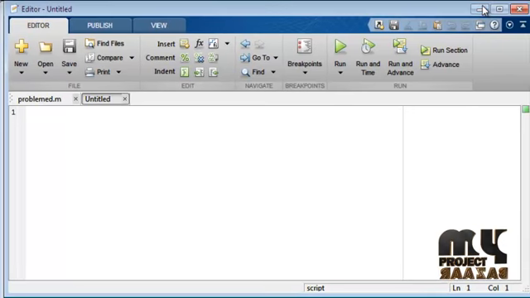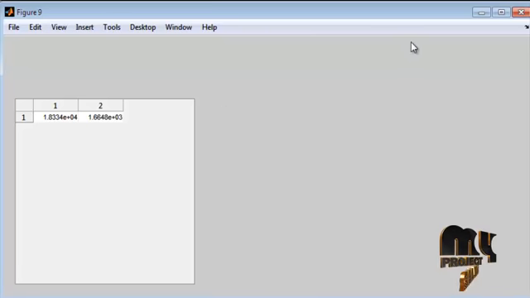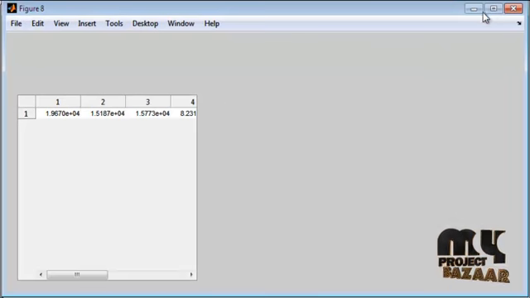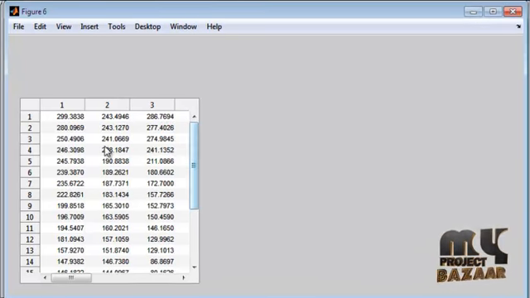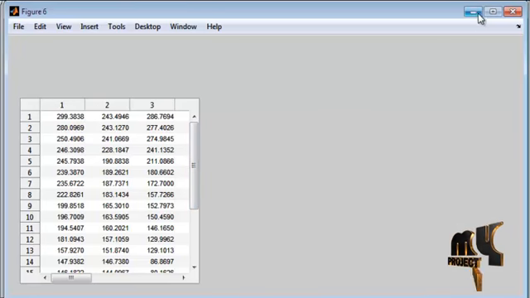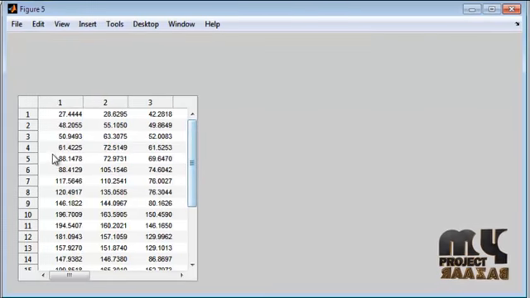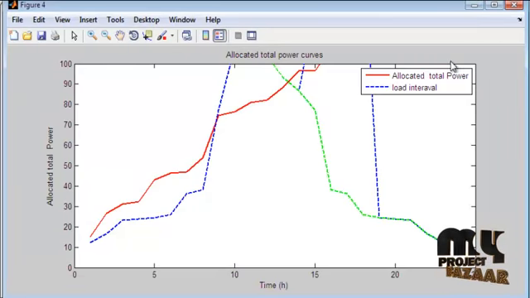The first one is the output table of the line data, and the next one is buses 1 to 4 line data, and next one is buses 1, 2, 3 maximum and minimum values. Next is the maximum and minimum values of the virtual power plant, and this is the output waveform of allocated total power and load interval with respect to time.